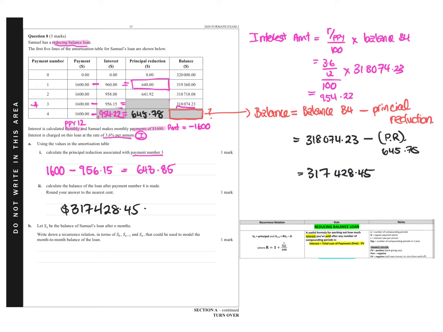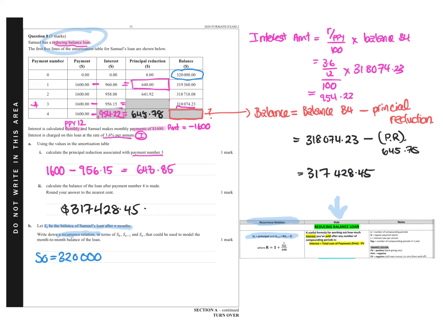Okay, now it says let S_n be the balance of Sam's loan after n months and write a recurrence relation. Because this was a reducing balance loan, I've gone to this formula here, and this is where we get the recurrence relation. But we don't want to use V, we want to use the letters they've used, so they're using S. S_0 is the original amount, which I can see from the table: it began with 320,000.